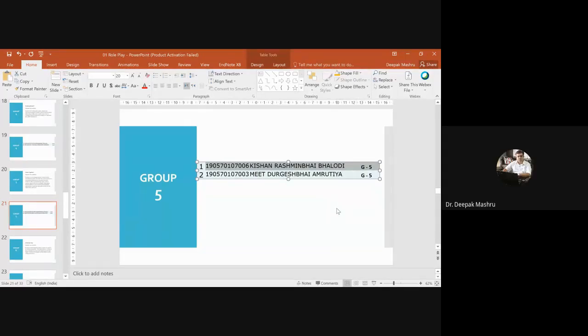So we discard group number 5 and we appoint Kishan as the role plays moderator. At 12:10, Kishan will start asking groups randomly to execute. Right, Kishan? Yes, sir.